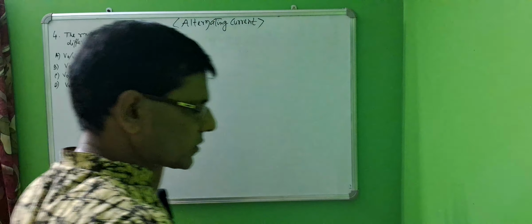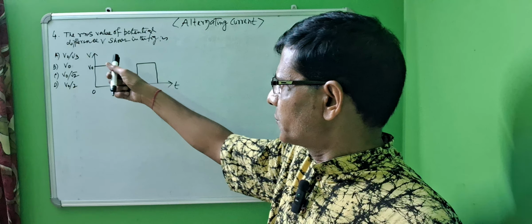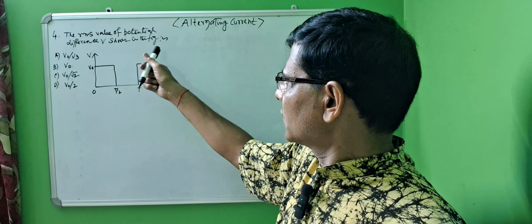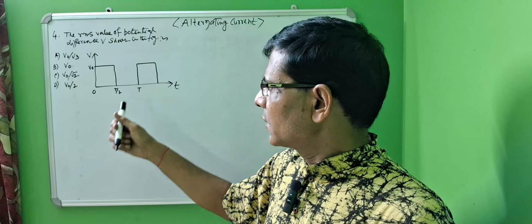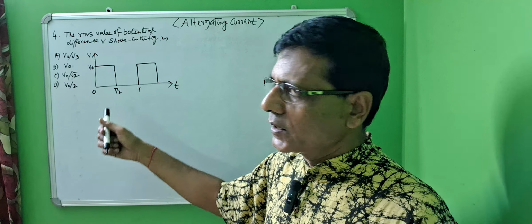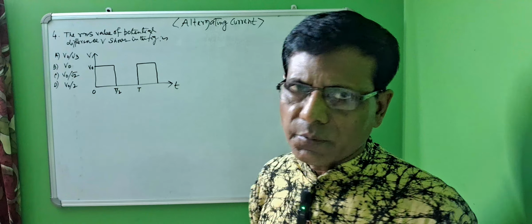To find the RMS value of the potential difference V shown in the figure. Here is the figure given. We have to find the VRMS.